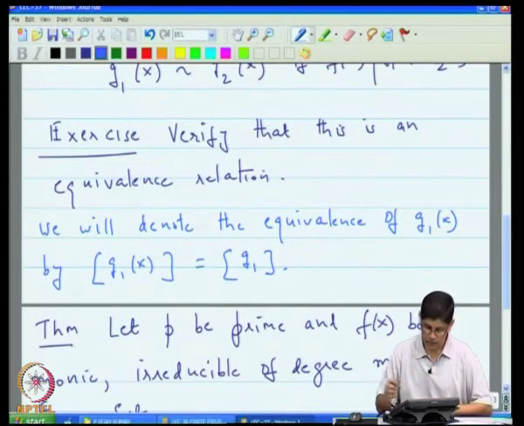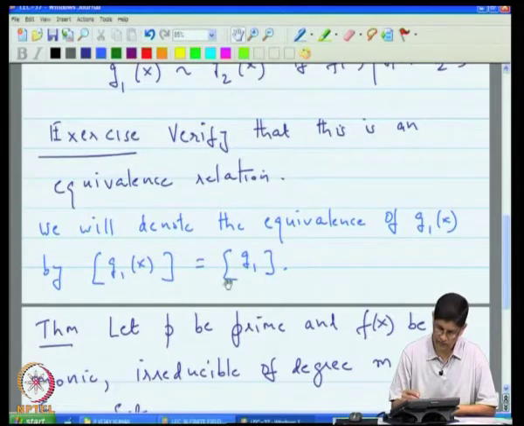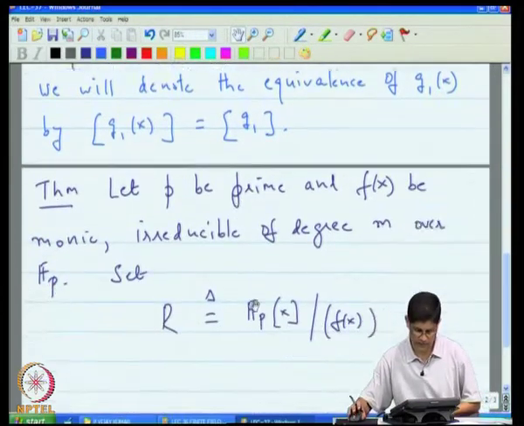So this notation indicates an entire equivalence class.